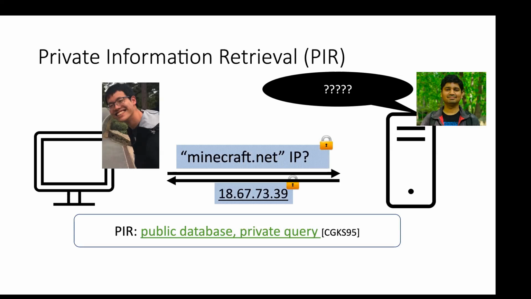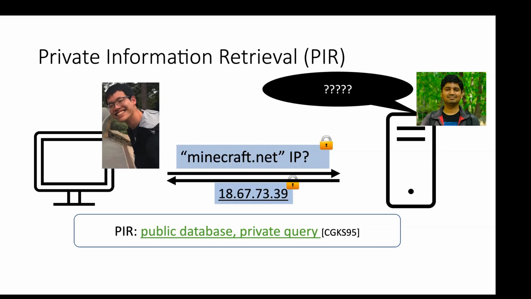Okay, this is just a stupid joke. But now, in private information retrieval, we can think of the query to the DNS server as somehow encrypted, and the response is also encrypted. So the DNS server learns nothing about the query from the client. Even if Pravish compromises the DNS server, he can learn nothing about what Jeff is trying to access.